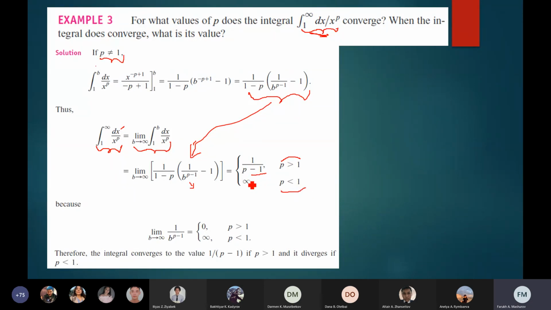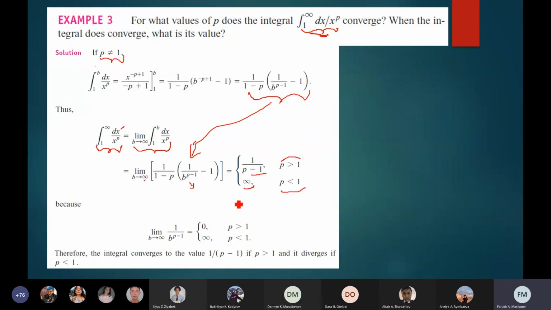If p is less than 1, it means that here we have a negative number, and b will be to a negative power, and we can write it in reverse form. It means that we have a constant number times b to a positive power, and since b approaches infinity, this limit also approaches infinity, and we get infinity. It means that when p is less than 1, the limit is infinite, and the integral of this function also will be infinite.